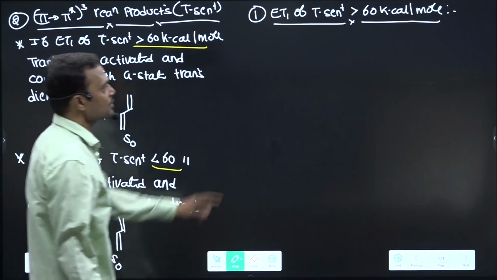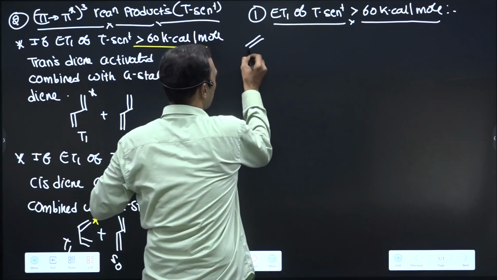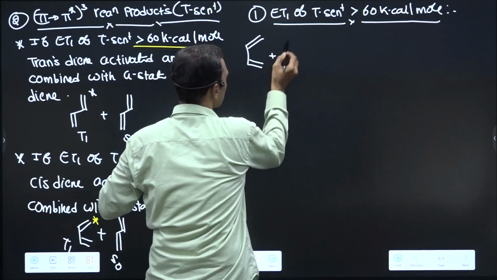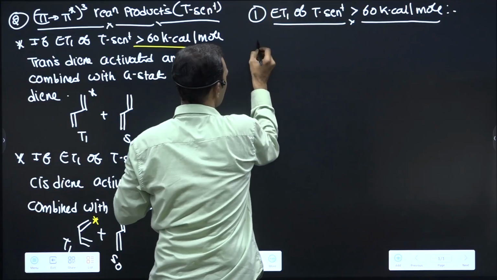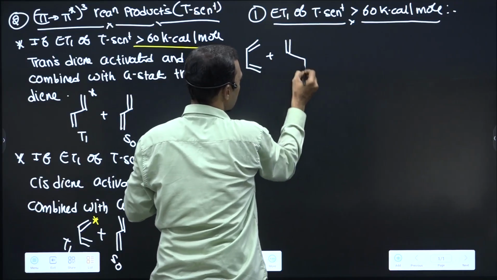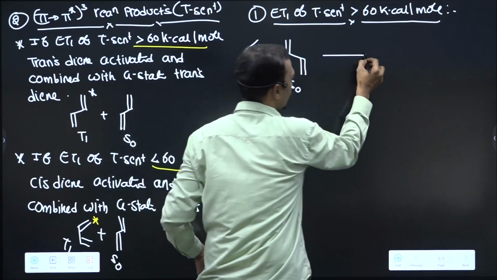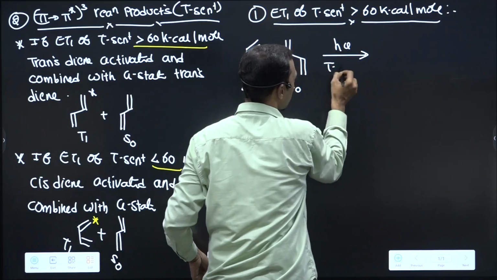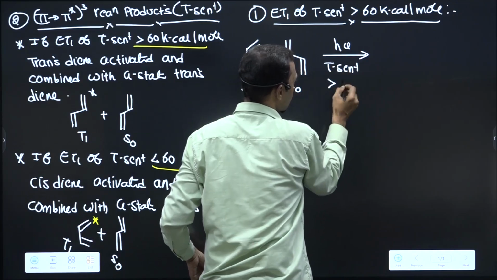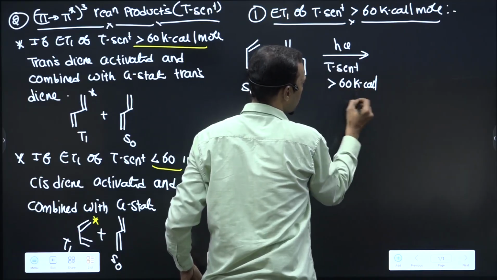Now see, I am writing a cis isomer here and a trans isomer here. It is S0 and here also S0. Now photochemically I am using a triplet sensitizer. Here the value is more than 60 kilocalorie per mole.